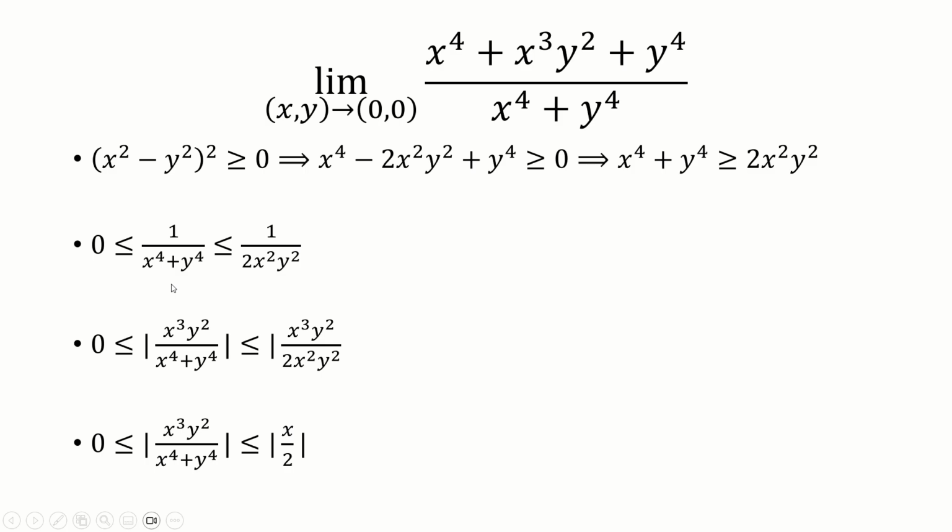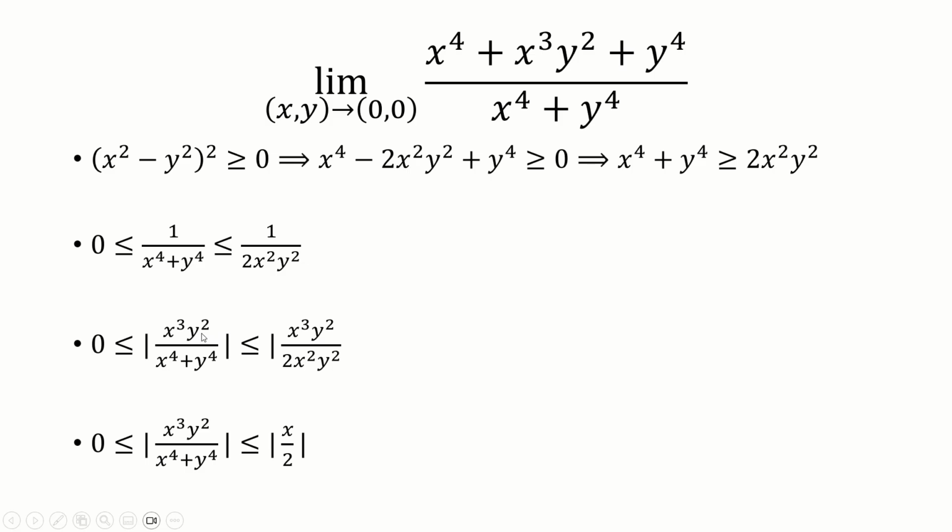Okay, now going back to this, we have 0 is less than or equal to x^3 y^2 over x^4 + y^4. Because what I'm doing right now is multiplying all these three sides with x^3 y^2. And I'm putting absolute values. So technically, I forgot to close this absolute value over here.